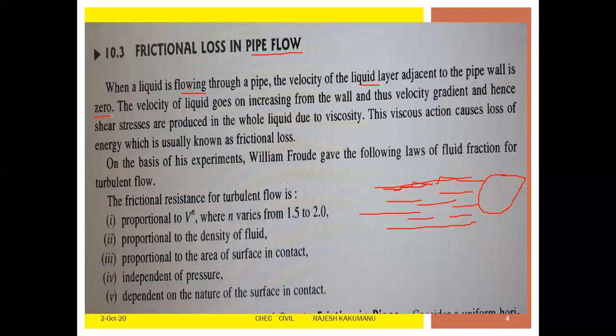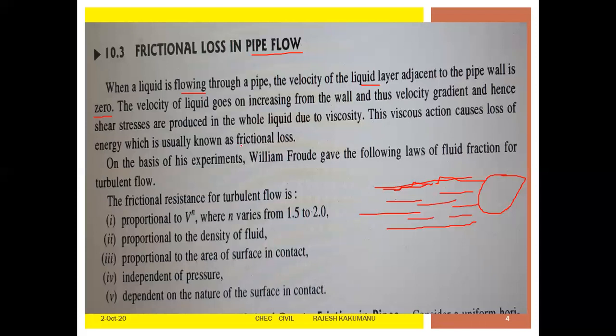This viscous action causes loss of energy, which is usually known as friction loss.